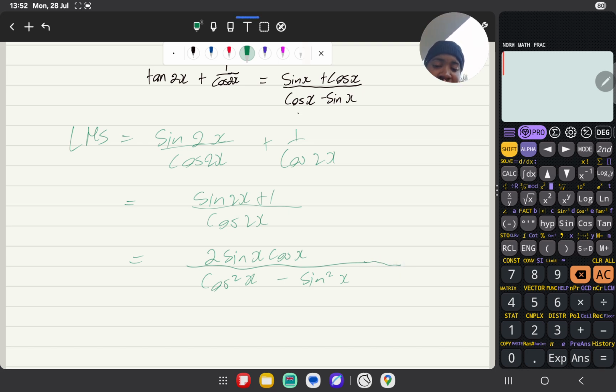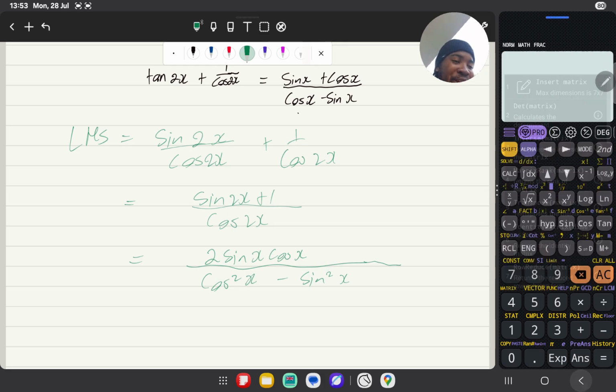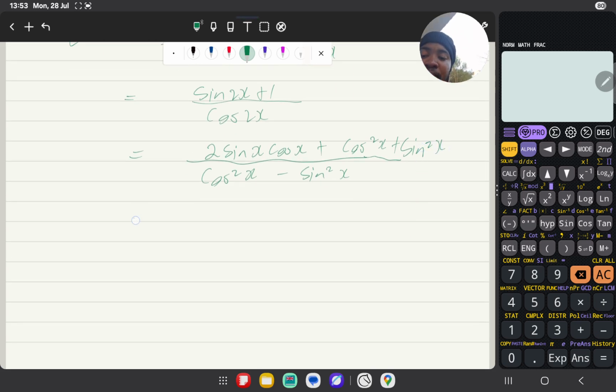Now it's a question. Okay. Ooh, I am seeing it. I am seeing the vision. So now we change 1 into cos squared x plus sine squared x, right? I see the vision. So now let me structure it this way.